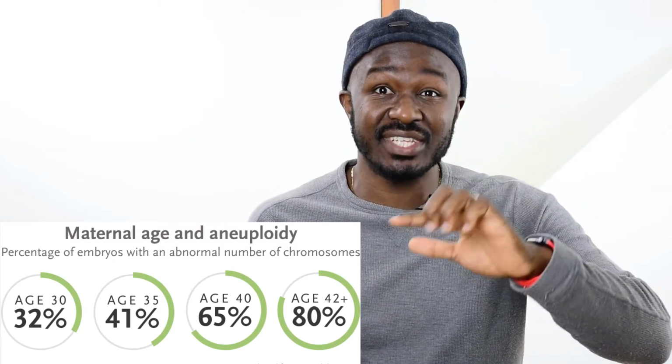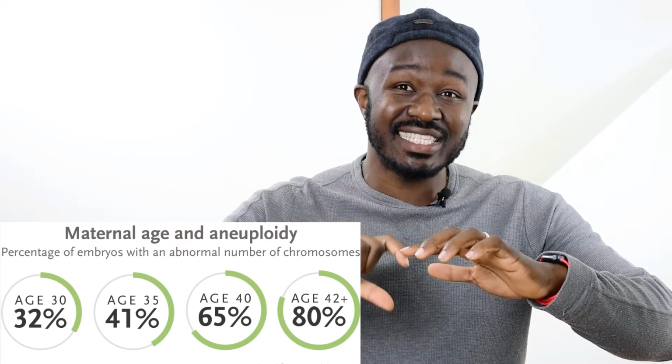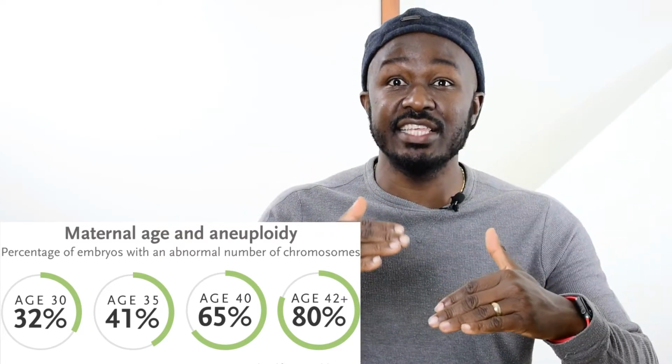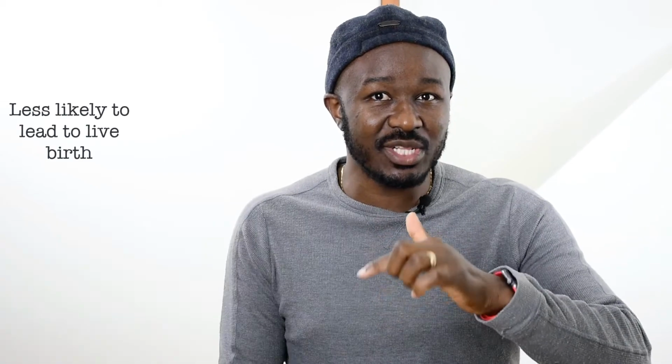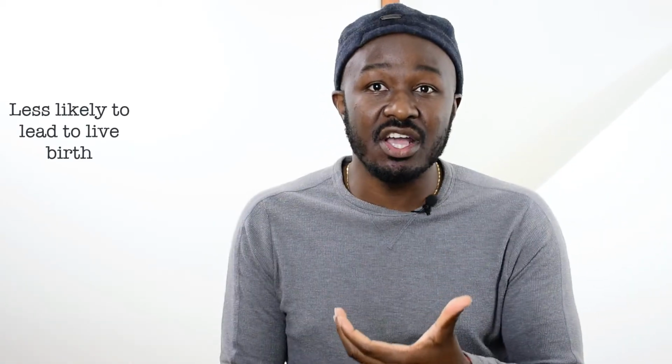When such an egg is fertilized, the embryo is less likely to implant, and that's less likely to lead to pregnancy. And even when it implants, it's less likely to lead to a live birth. That's because the embryo does not have a complete set of chromosomes. Things like trisomy 21, Down syndrome, however, can pull through at times. They can have that excess chromosome and still be able to implant and carry on to a full-term pregnancy.